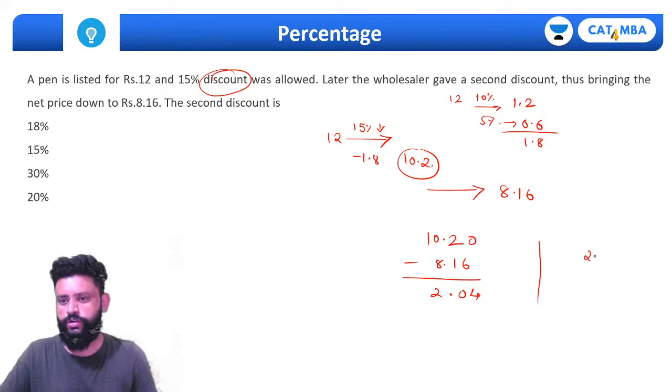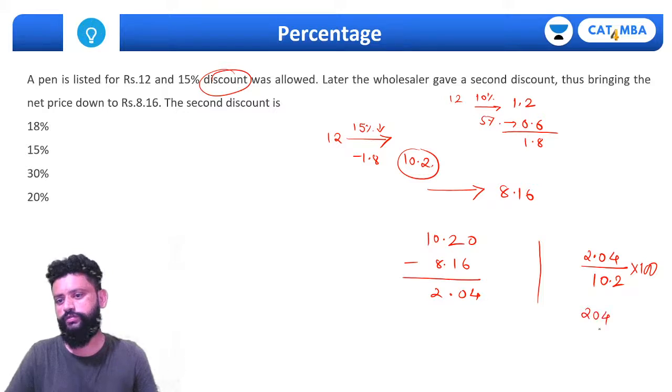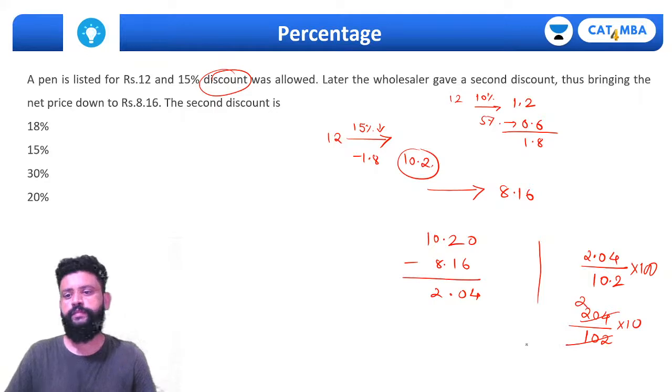So there is a discount of 2.04 compared to 10.2, multiplied by 100. So that comes out to be 204, multiply by 100 upon 102 into 10. That comes out to be 20%.